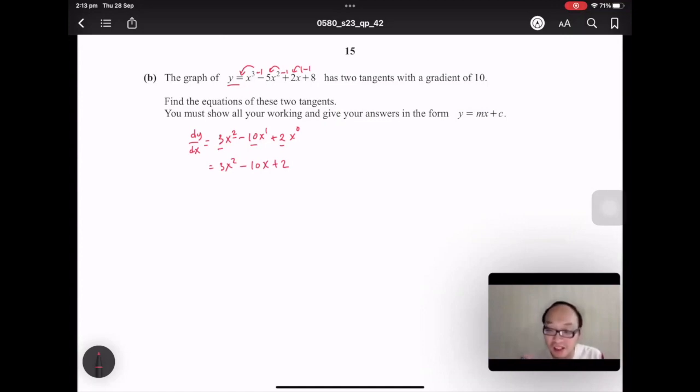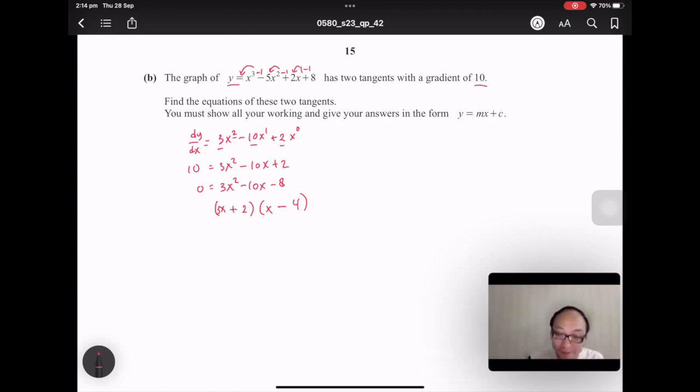And it says that the gradient is 10, so we make it equal to 10, because the first derivative of the curve is the gradient of the tangent to the curve. So we can simplify: 3x squared minus 10x minus 8 equals 0. And then we can factorize 3x and x. So to have -8, I have 4 and 2. So it's -12 plus 2 becomes -10.